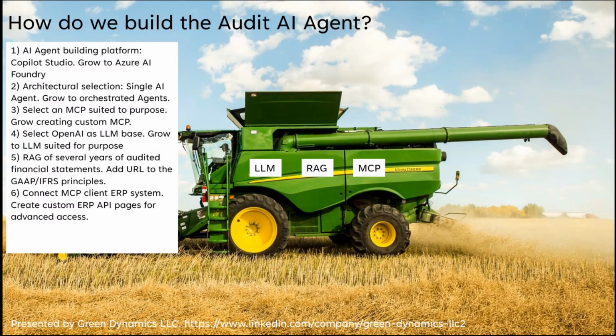Copilot Studio is the low code, no code beginning of pulling everything together. Once you are maxed out or you want to go pro code, Azure AI Foundry is a tool that allows you to pick your LLMs and to write in one of the standard code bases for building things.